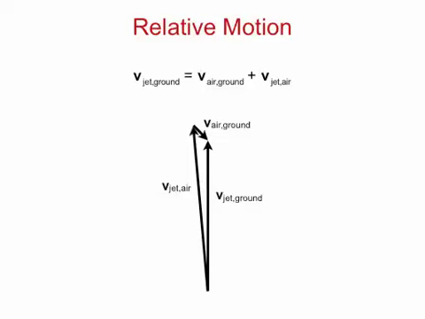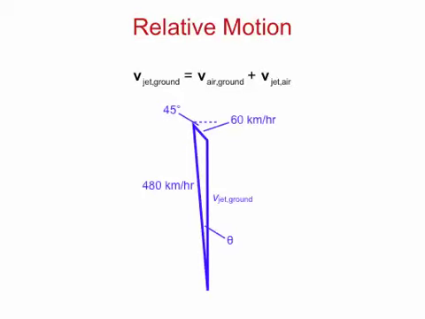We don't know the angle that v sub jet air makes with north, and we don't know the magnitude of v sub jet ground. But now we can use geometry to determine them. Let's simplify the picture by replacing it with a triangle, and let's label everything we know about the triangle.